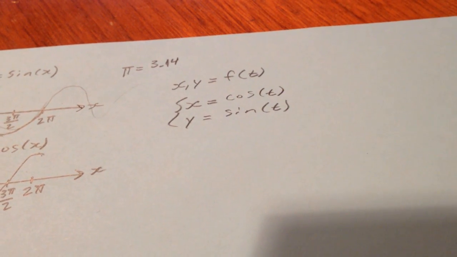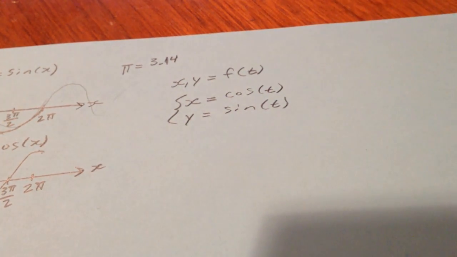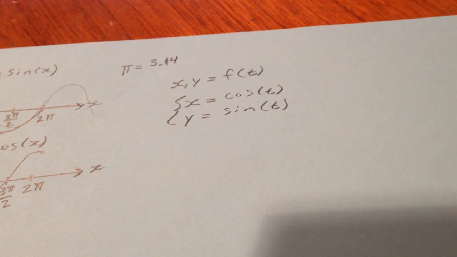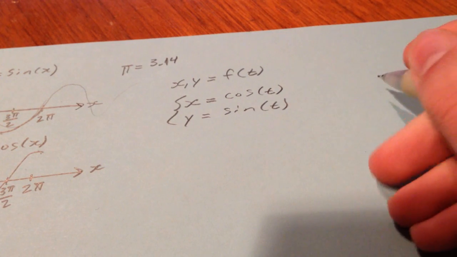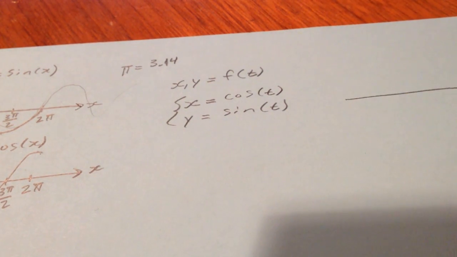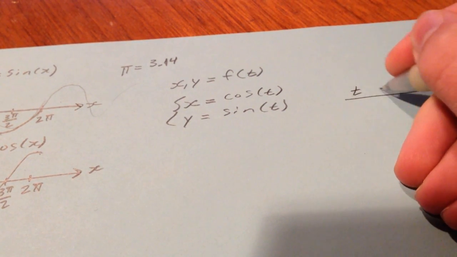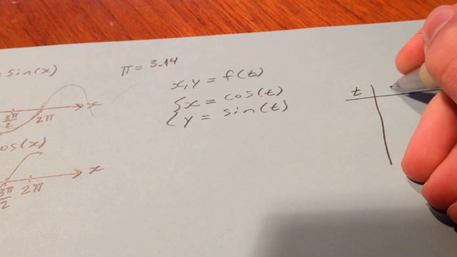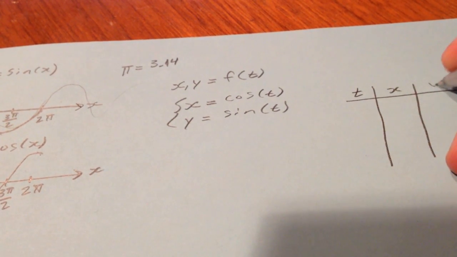And so if we want to plot this circle or make a graph of it, let's use a table to help us out. We'll have t as our input here, and then we'll have our outputs x and y.